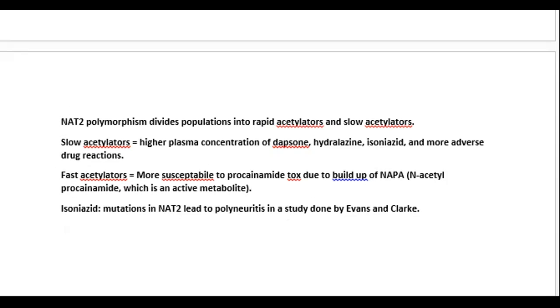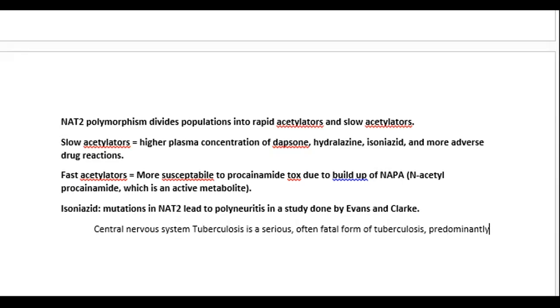Let us explain about this in detail. In the central nervous system, tuberculosis is a serious and often fatal form of tuberculosis that predominantly affects young children.